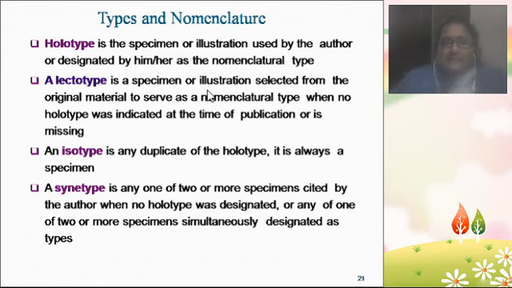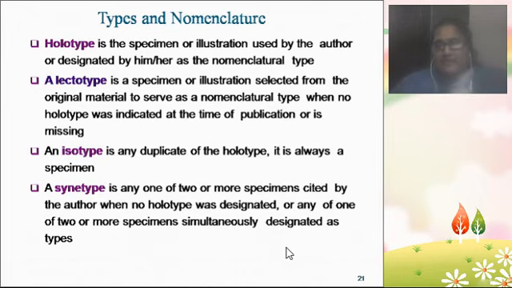Syntype means it is actually 1 or 2 or more specimens cited by the author when no holotype was designated. Means if the holotype is completely absent, then you can go to the place and collect material which is similar to the other collected material.